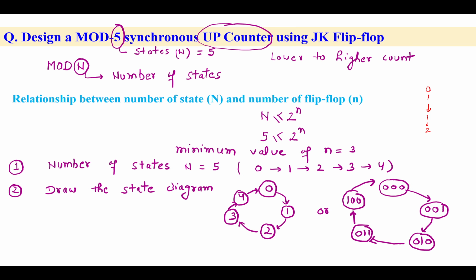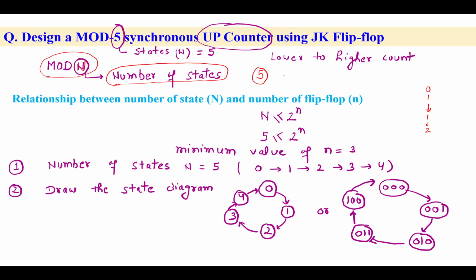Now here we are using a mod 5 counter. Suppose I take a general term mod N. Capital N represents the number of states. So here there are 5 states, which means we have to count 5 states.